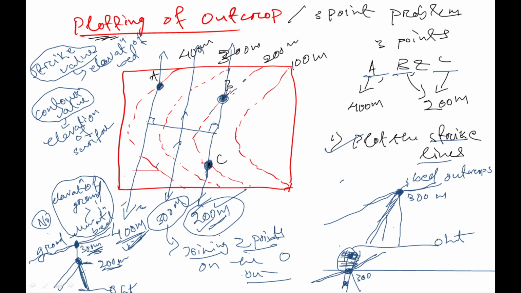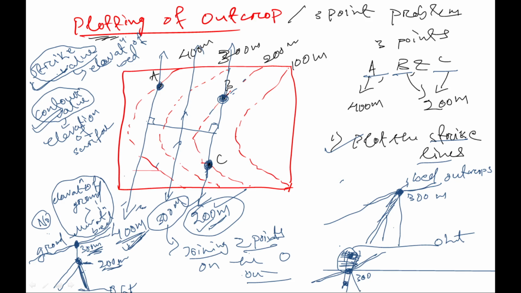The ground's elevation, I have already told, is marked by nothing but the contour line, and the bed's elevation is marked by strike value. So when the strike value will be same as the contour value, at those 2 points you can find the outcrop. I hope all of you understood, right?